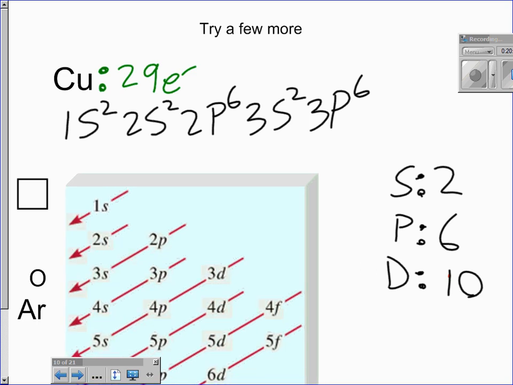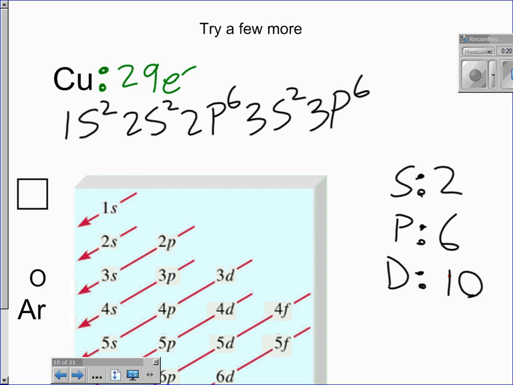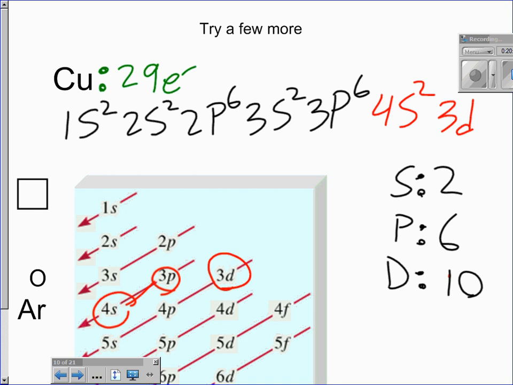So, after the 3p, we get to 4s. So we'll go 4s, 2. After 4s, then we get to 3d. So I'm going to write it right here, 3d. And let's see how many electrons we've used so far. Because remember, we can only go to 29. We have 2. Plus 2 more, that's 4.